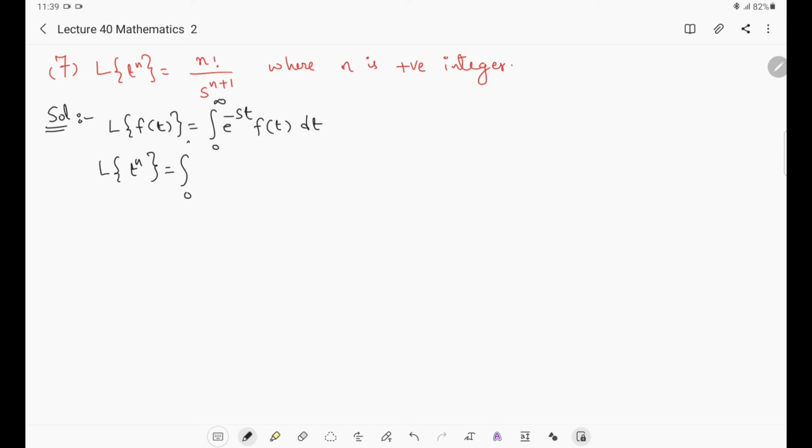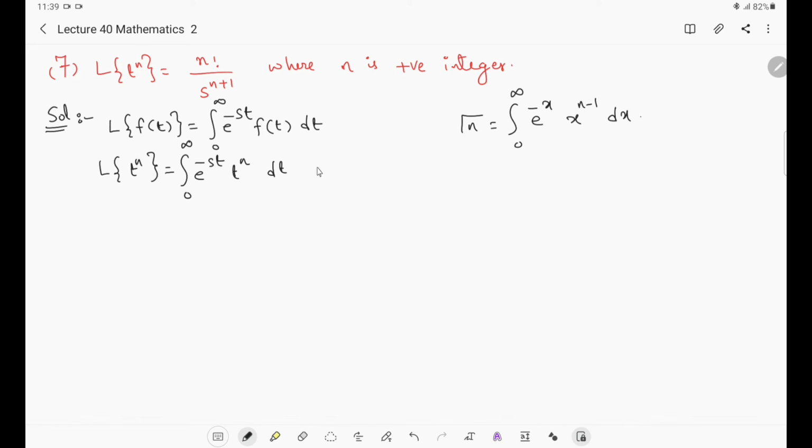So, according to this, it will be the integral from 0 to infinity of e^(−st) t^n dt. See, it is in the form of gamma n equals the integral from 0 to infinity of e^(−x) x^(n−1) dx. This is the definition of the gamma function.